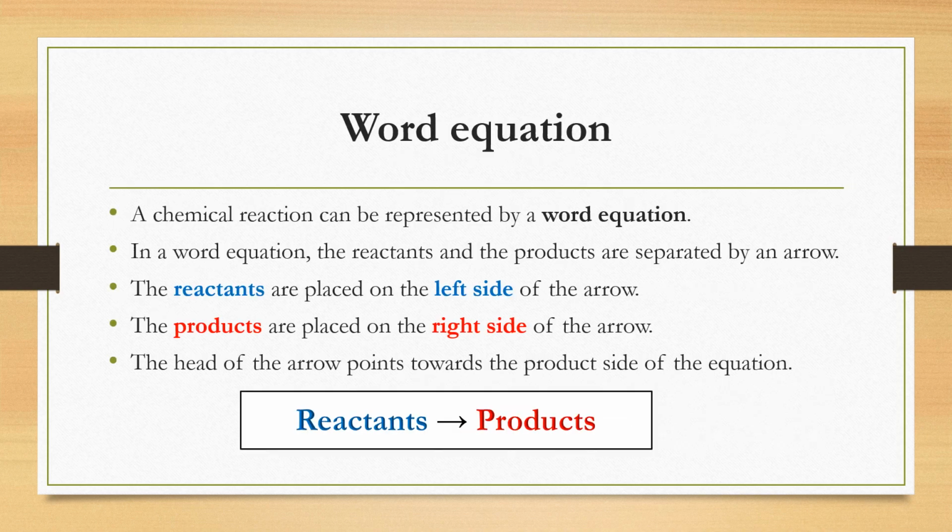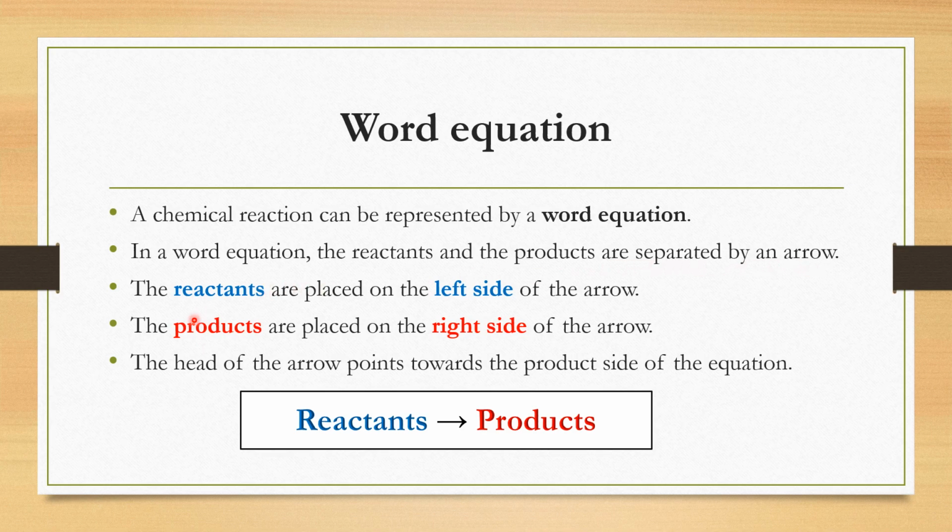Let us recall how a chemical reaction is represented in the language of chemistry. A chemical reaction can be represented by a word equation. In a word equation, the reactants and the products are separated by an arrow.